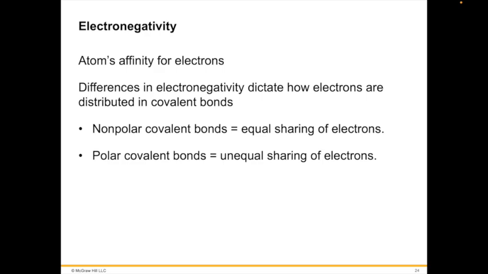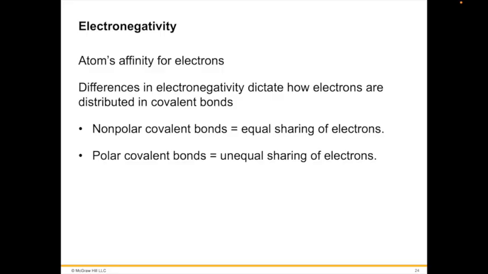Such bonds are termed polar covalent bonds, and the molecules are polar molecules. Polar covalent bonds involve unequal sharing of electrons. When drawing these, partial charges are usually symbolized using the lowercase Greek letter delta.